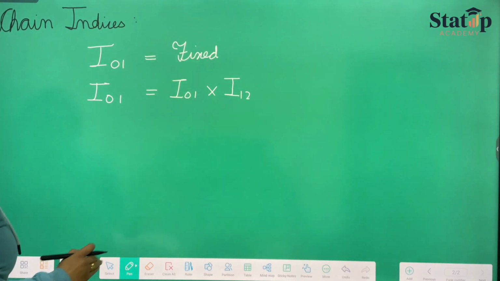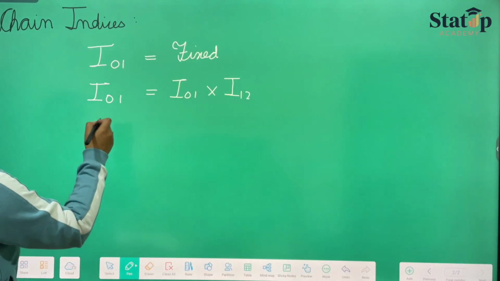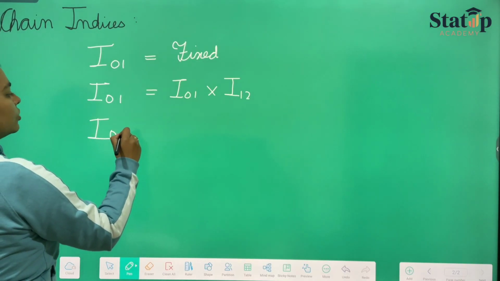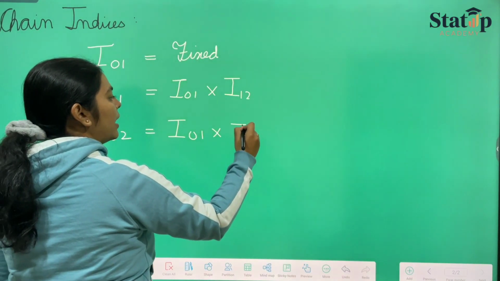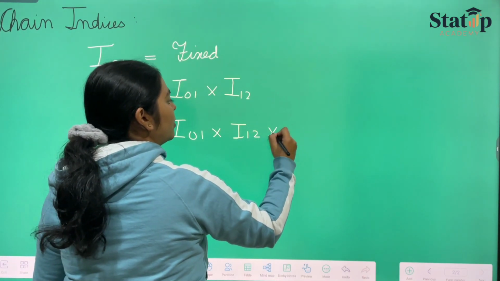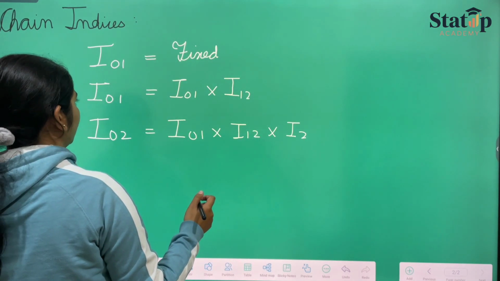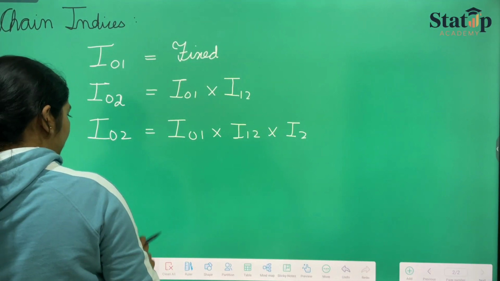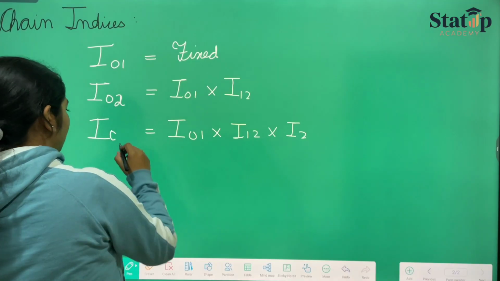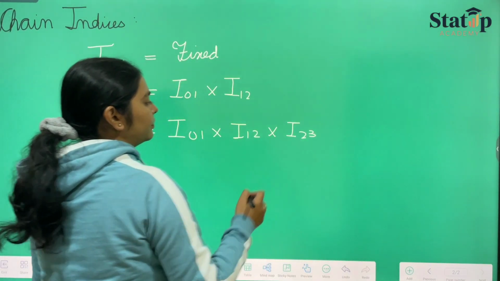So these are the chain index numbers where the year gap is 1 only. If I have to take I03, then I can write it as I01 into I12 into I23.